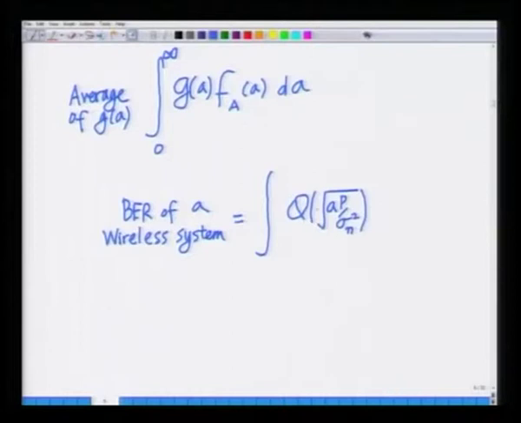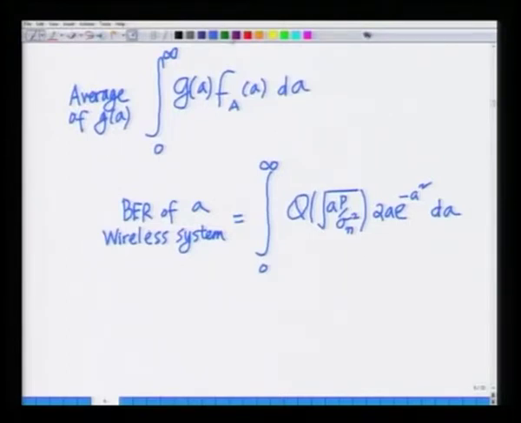This is the g of a, times f of a, which is the distribution of the fading coefficient, which as we know is 2a e power minus a squared, integrated between 0 to infinity da. So, what am I saying? I am saying that the bit error rate of a wireless system is Q of square root of a squared P over sigma n squared, which is a function of a. I am multiplying this by the distribution of a, which is 2a e power minus a squared, and averaging this over 0 to infinity. This gives me the average bit error rate.